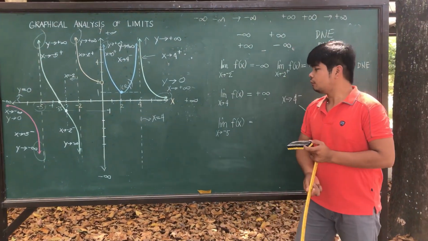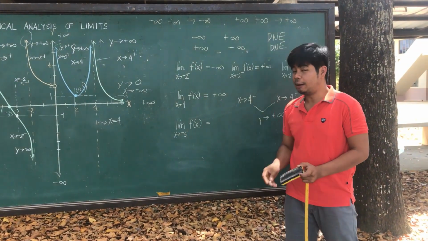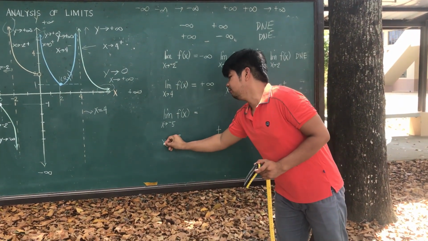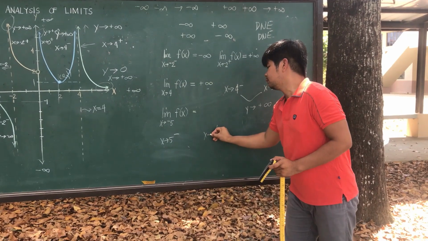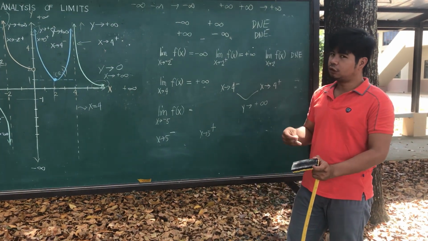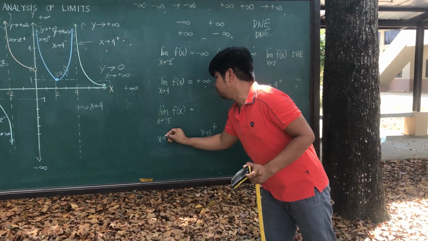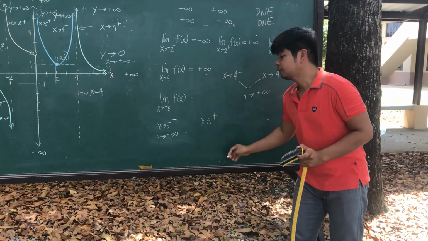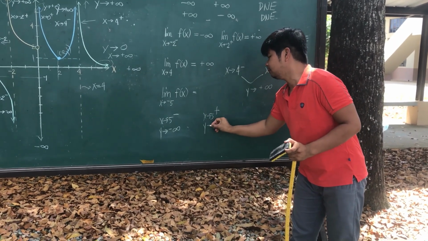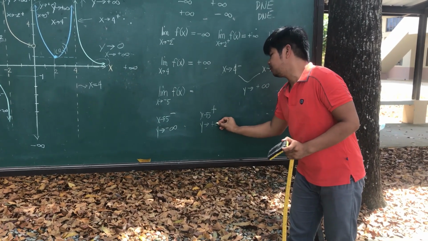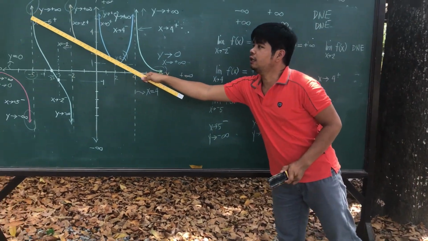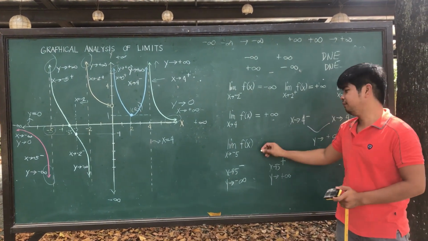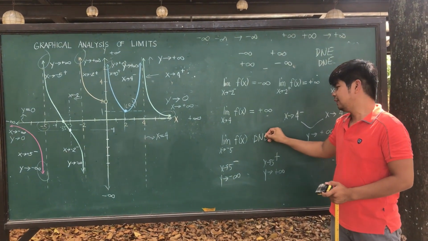Therefore, the limit of f of x as x approaches negative 5, left and right of 5, magkaiba ang kanilang tinutukoy because left of negative 5, ang y keeps on decreasing. Sa right of negative 5 naman, ang y keeps on increasing. Okay, here. Therefore, the limit of f of x as x approaches negative 5 does not exist.